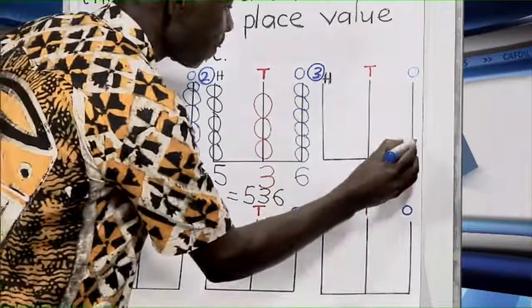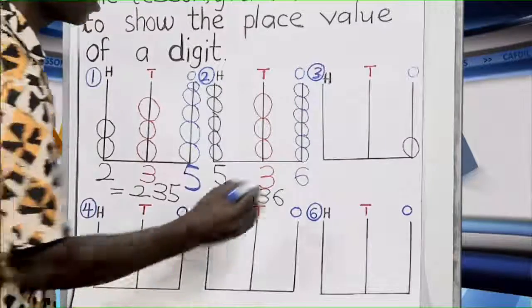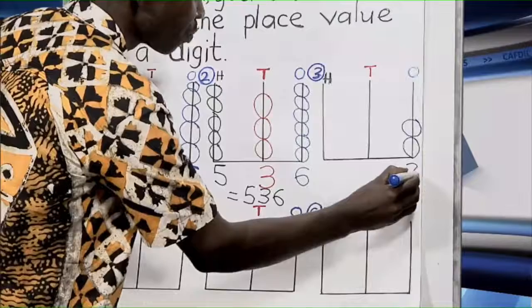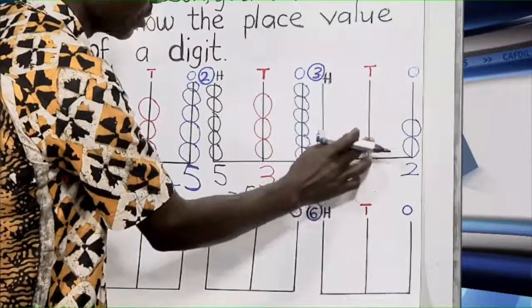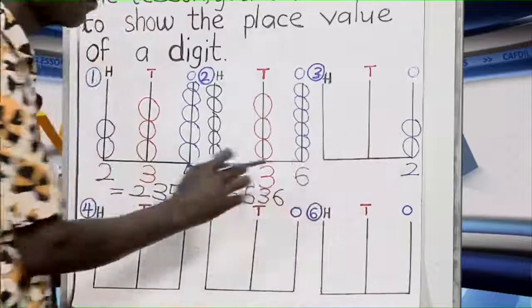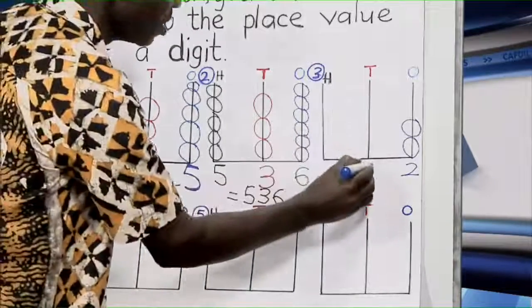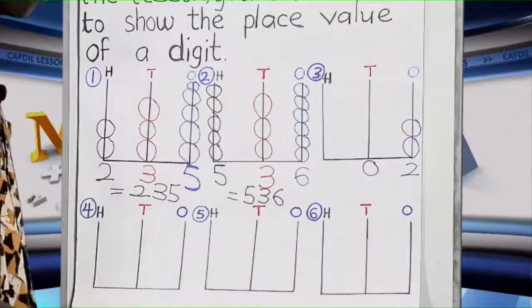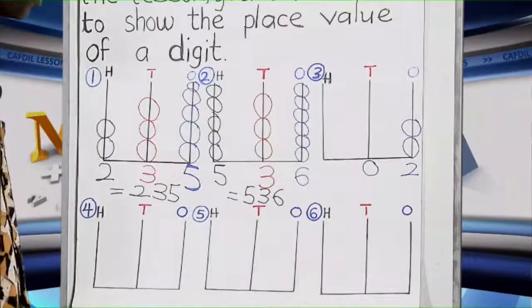We can continue. Let's put 1 and then 2 here. So we have 2. Now under tens column, we are not going to put anything there. So if we don't put anything there, that becomes 0 because we don't have anything over there.